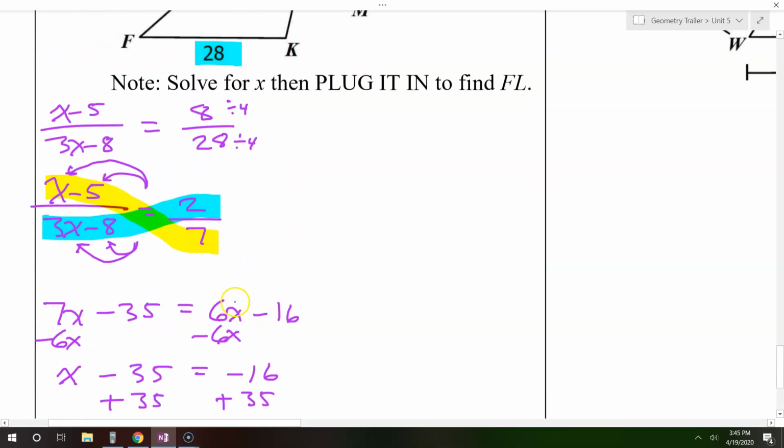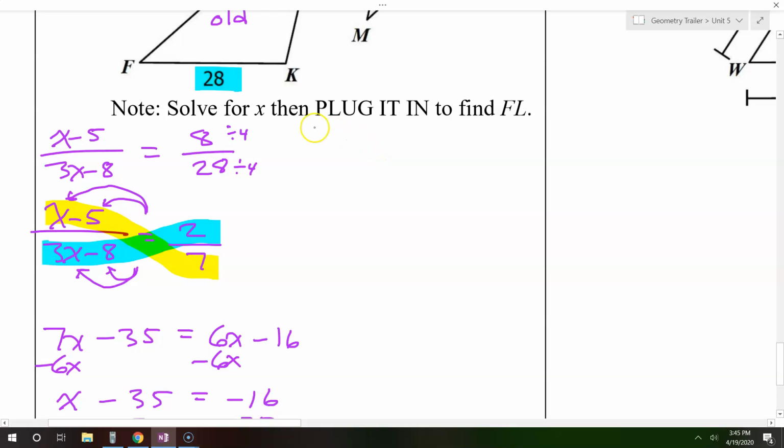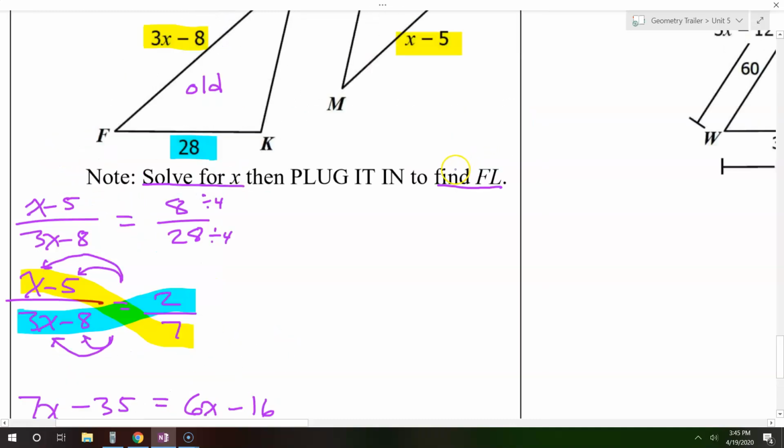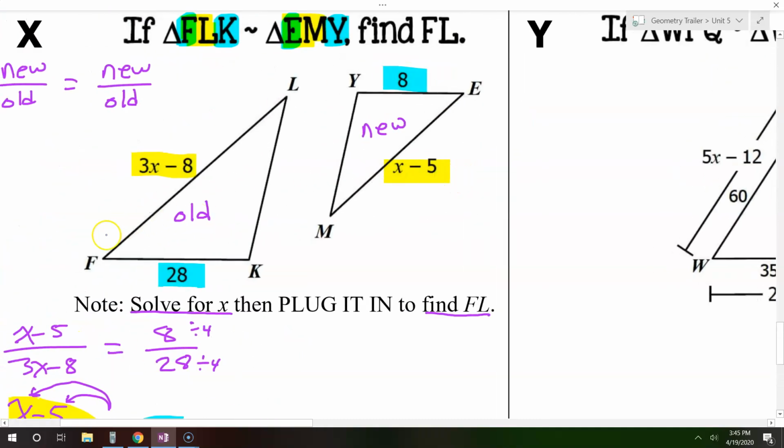All right, now, I don't think that's the final answer. We're supposed to solve for x, yes, but then we're supposed to plug it in to find FL. All right, FL is right here. It's 3x minus 8.